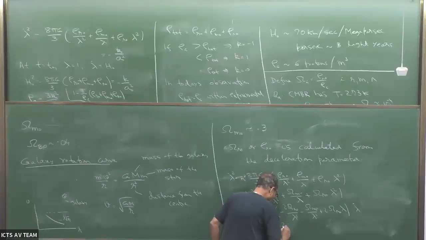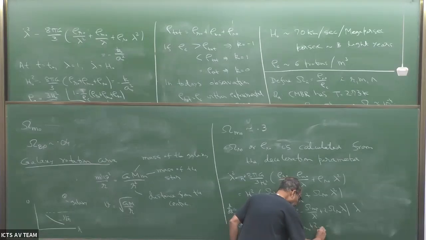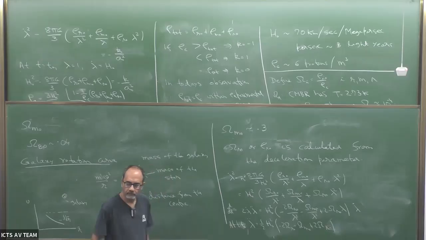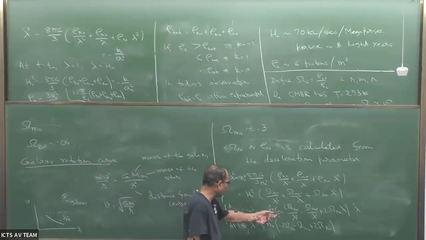So minus 2 omega r naught minus omega m naught plus 2 omega lambda naught. Is that clear? I just cancel lambda dot and set lambda equal to 1.